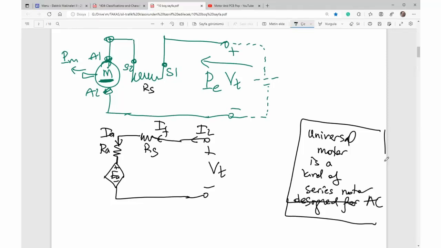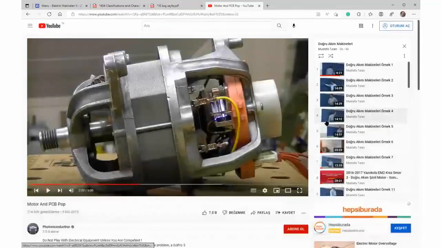Those kinds of machines are generally used in our household devices, and can operate over 3000 RPM. Now, there is no load. That is the shaft on the left, you see. There is no load, ladies and gentlemen.